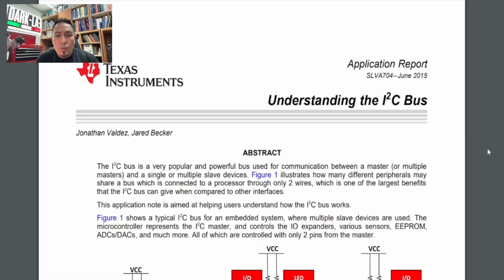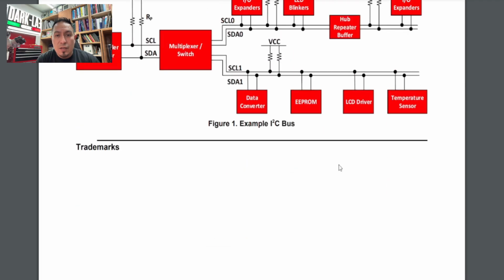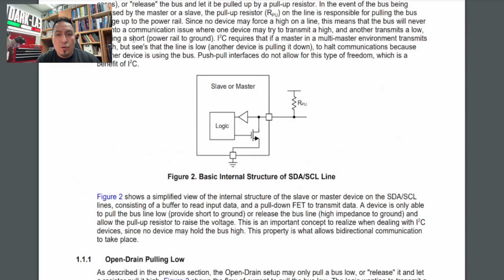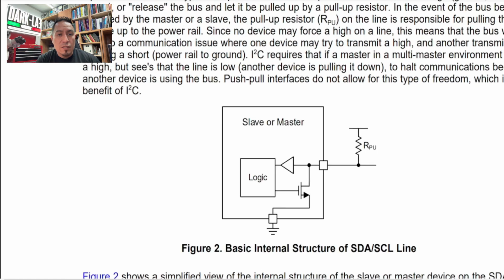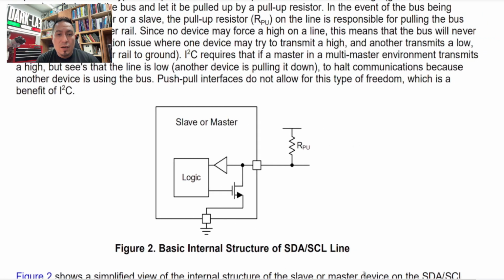Okay, now we open the document and look for what generates the high states. Here we see the official Texas Instruments document, Understanding the I2C Bus. Now we will look at how the binary logic states, 0 and 1, are controlled.